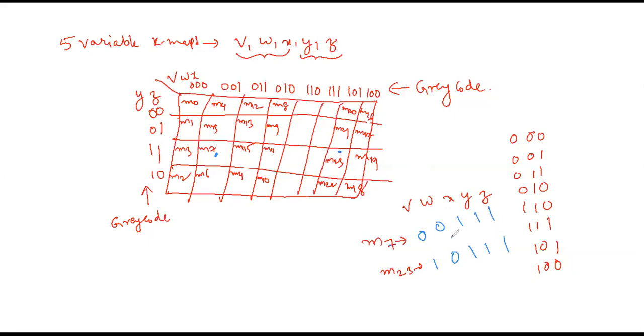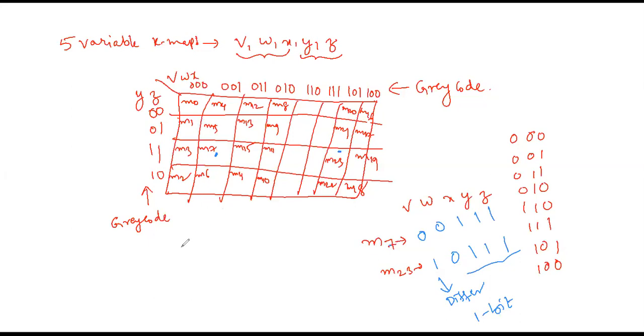Now identify the number of bits that differ. 1 and 0 differ. Next 0, 1, 1, 1. All are the same. Only one bit differs. If there is one bit differing, that is an adjacent cell. Okay? With 3 variables, 4 variables, whatever it may be.